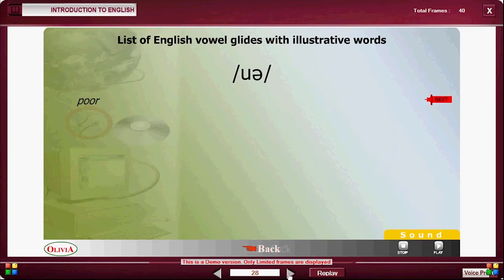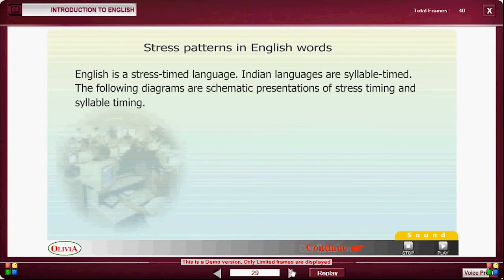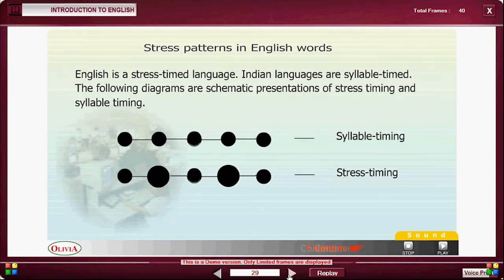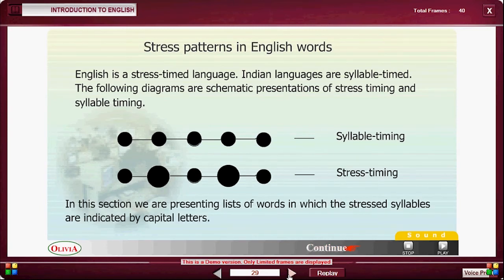And then the stress patterns. Stress patterns in English words. English is a stress-timed language. Indian languages are syllable-timed. The following diagrams are schematic presentations of stress timing and syllable timing. In these sections, we are presenting lists of words in which the stressed syllables are indicated by capital letters.